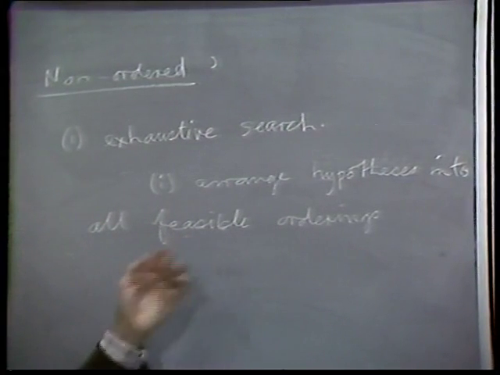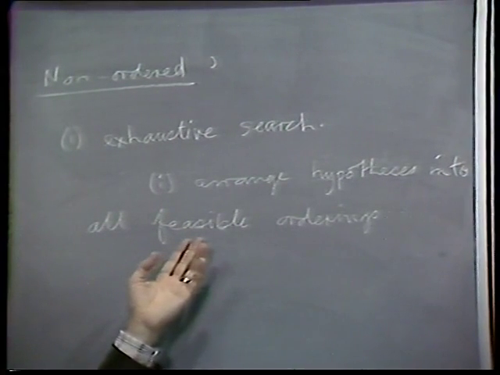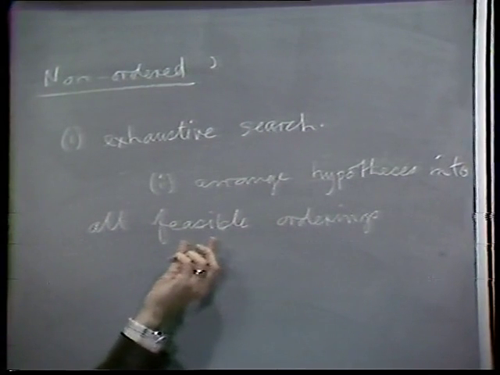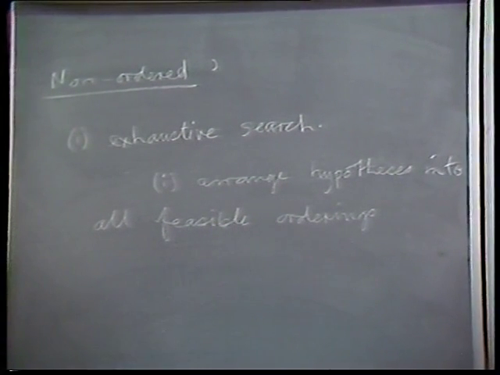Feasible is introduced to say that there will be some orderings which are possible, but on prior grounds we're going to reject as being uninteresting in our particular problem.